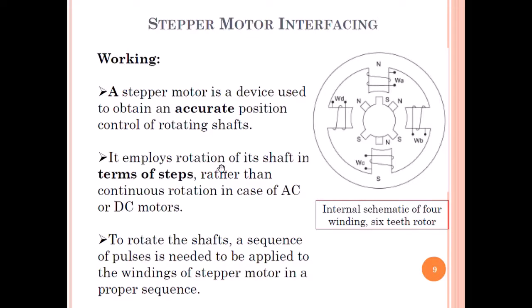It employs rotation of its shaft in terms of steps rather than continuous rotation as in AC and DC motors, as already said. To rotate the shaft, a sequence of pulses needs to be applied to the windings of the stepper motor in the proper sequence. We will study the sequence later.